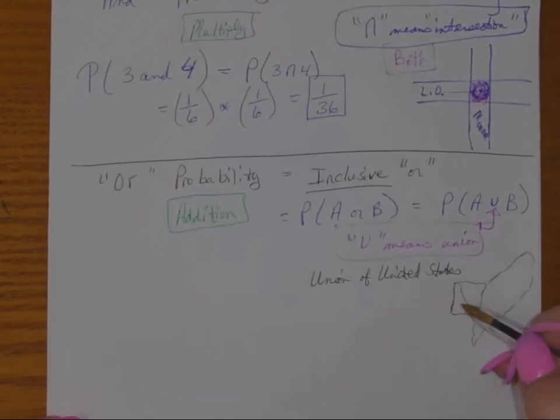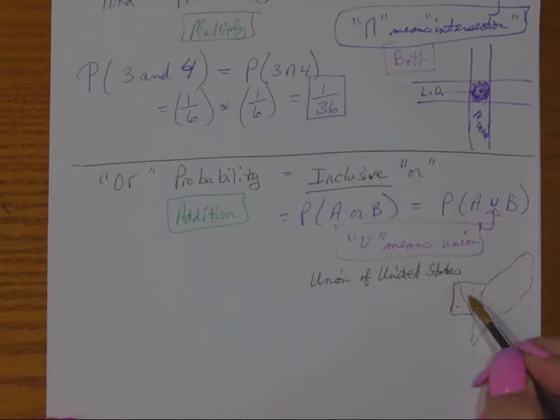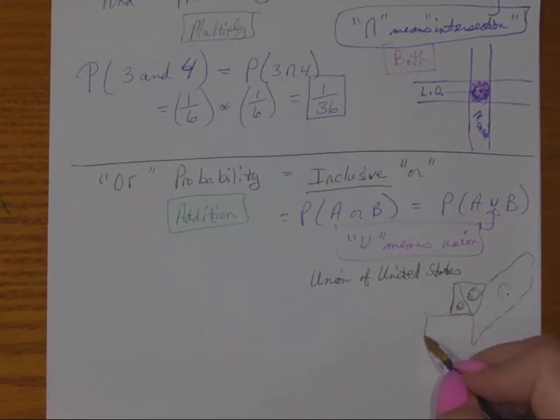But here's the question. If you're in whichever one this is, New Hampshire or Vermont, does it matter? Are you still in the United States? Yeah. So if you're in this one, you're in the United States. If you're in this one, you're in the United States. If you're in Maine, are you still in the Union? Yes. So you can be in Maine or New Hampshire or Vermont or Massachusetts, I believe.